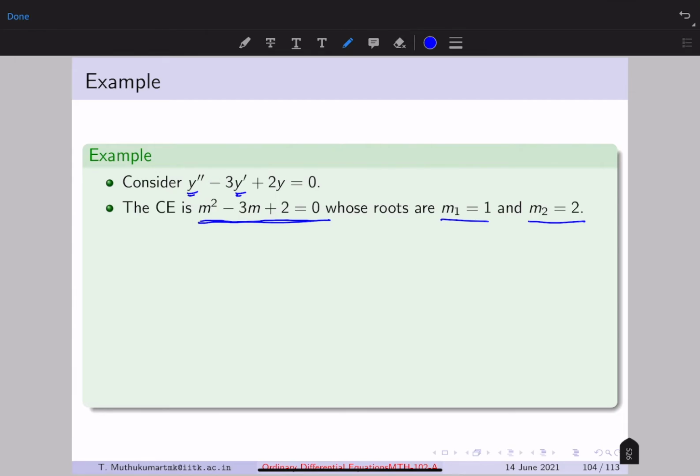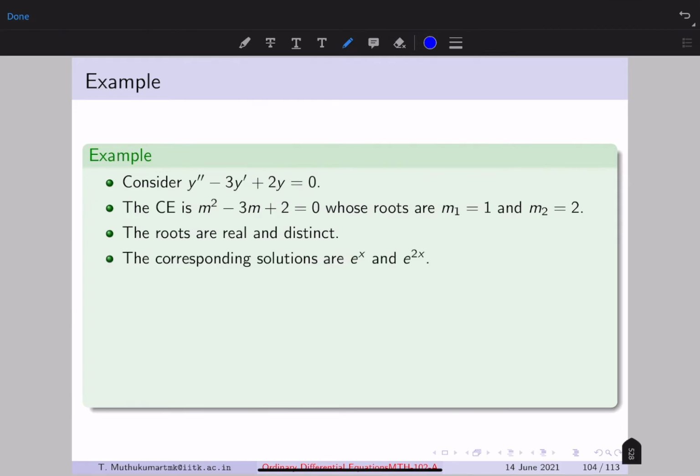Once you have found m1 and m2, we observe that they are real and distinct, which means you look at the corresponding solutions: e power m1x, which is e power x, and e power m2x, which is e power 2x. The theorem tells you that these two should be linearly independent.